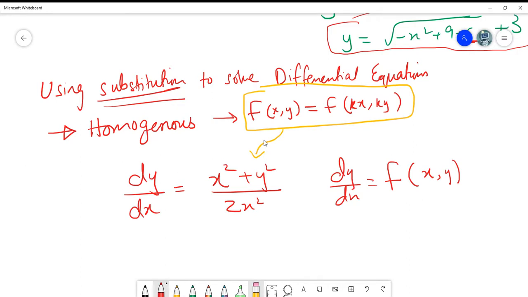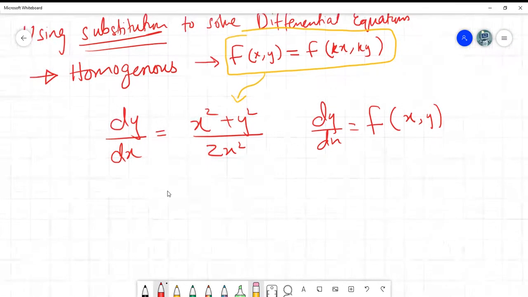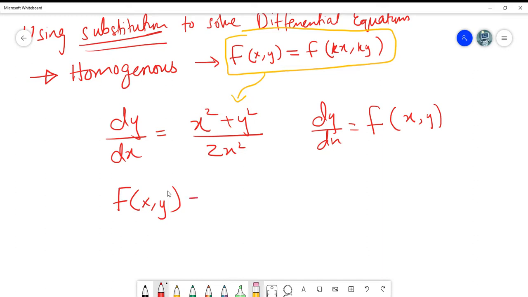So this is the condition for an equation to be homogeneous. The function f of x and y should be equal to f of kx and ky.